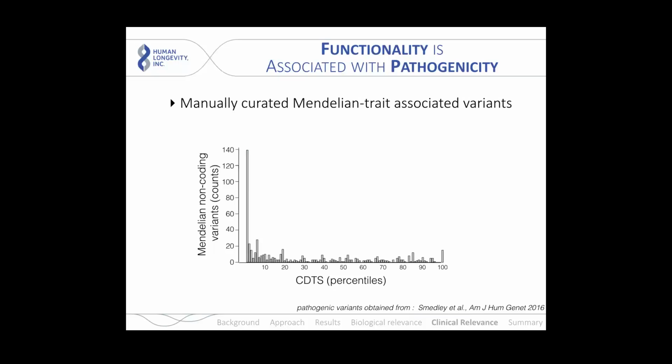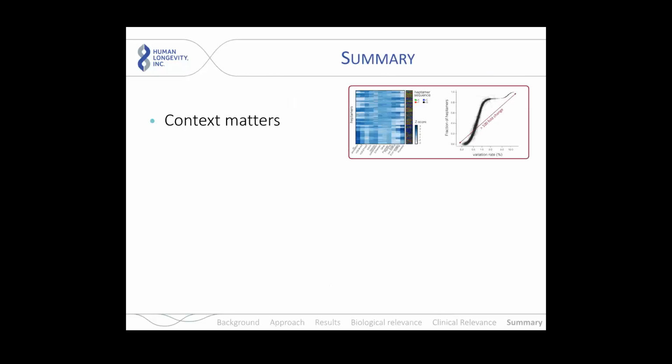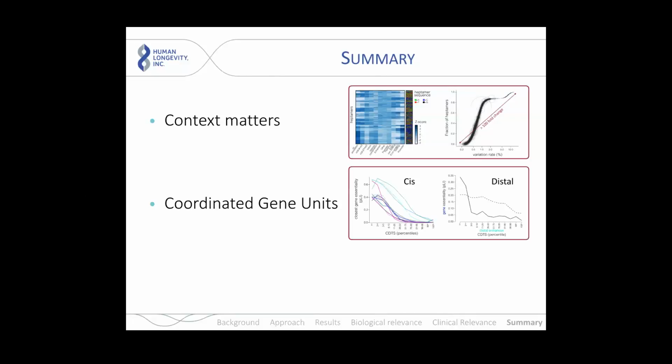All right. So to summarize, I hope I convinced you that context matters and that we should always take the sequence into account when we look at variation throughout the genome, to try to interpret a variation within a population or within species and so on. Second, we have seen a concept of coordinated genic units.